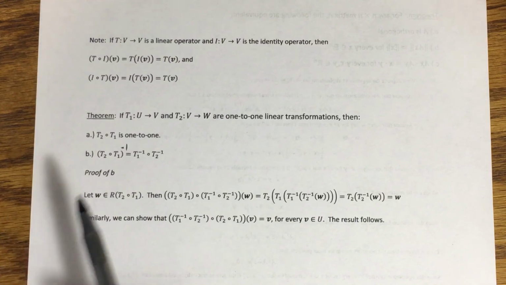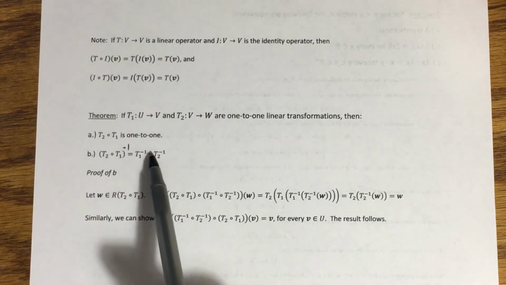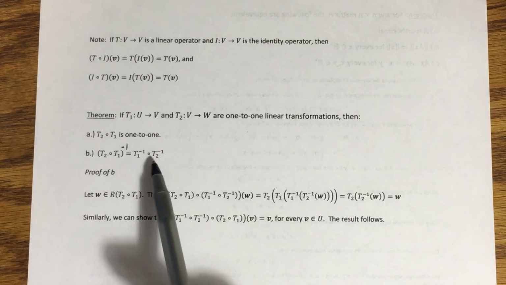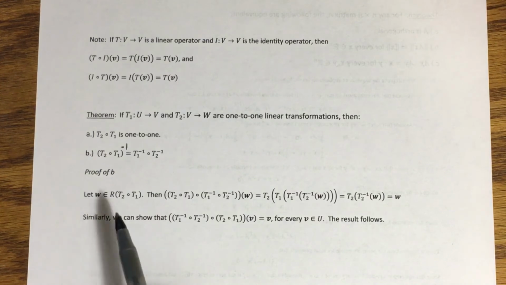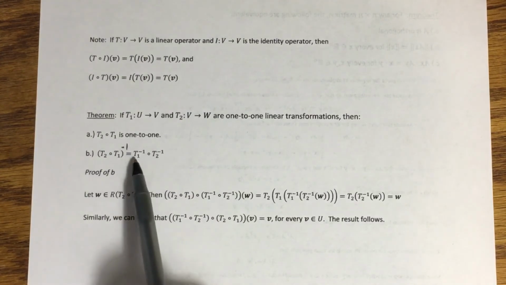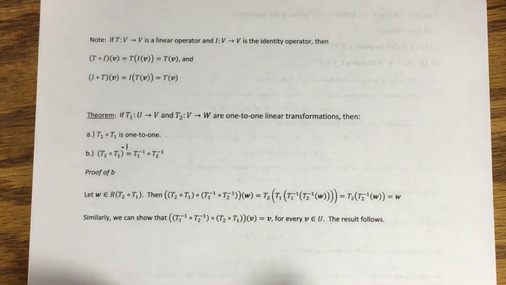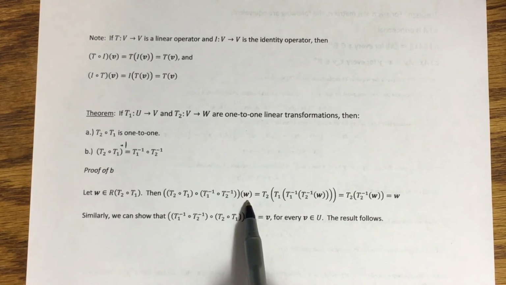Okay. Now, how do I show that this T1 inverse composed with T2 inverse is the inverse of the original composition in this order? Well, if we go to the definition of what an inverse is, if I do this function composed with this function, I should get the identity. In other words, I should get the original input that I started with, W.